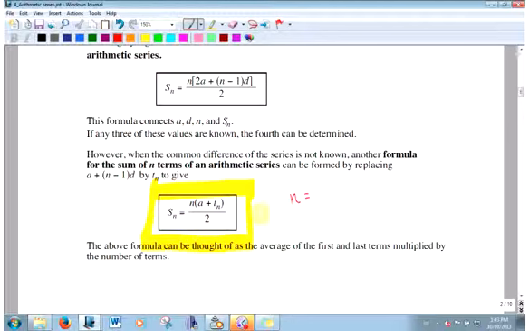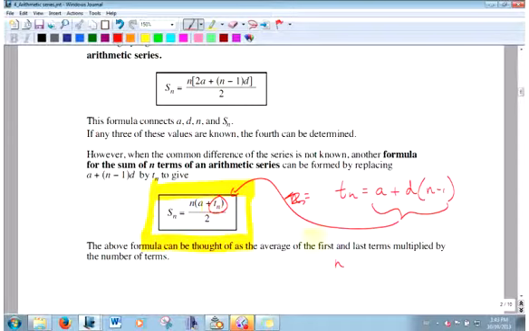There's another form of this, because do we know a formula for the last term? Yes, we do. Could I make a substitution here? And substitute all of this for that? Sure, I could.